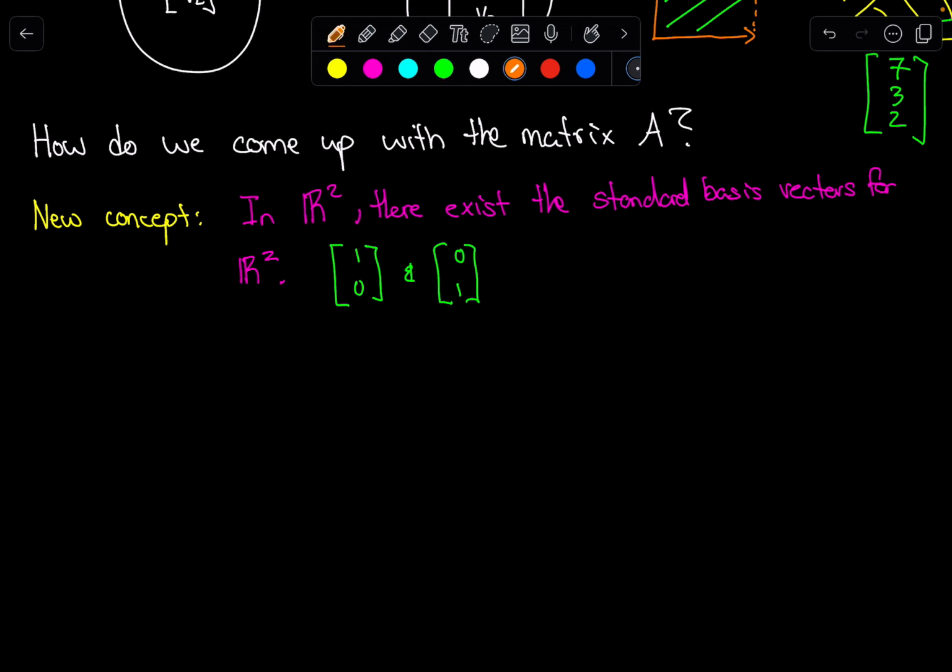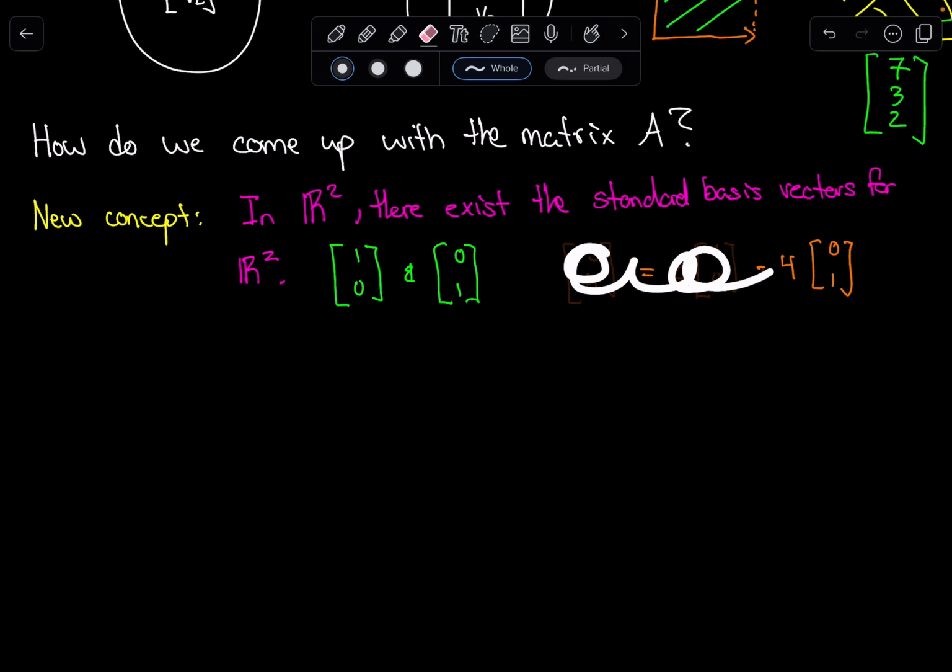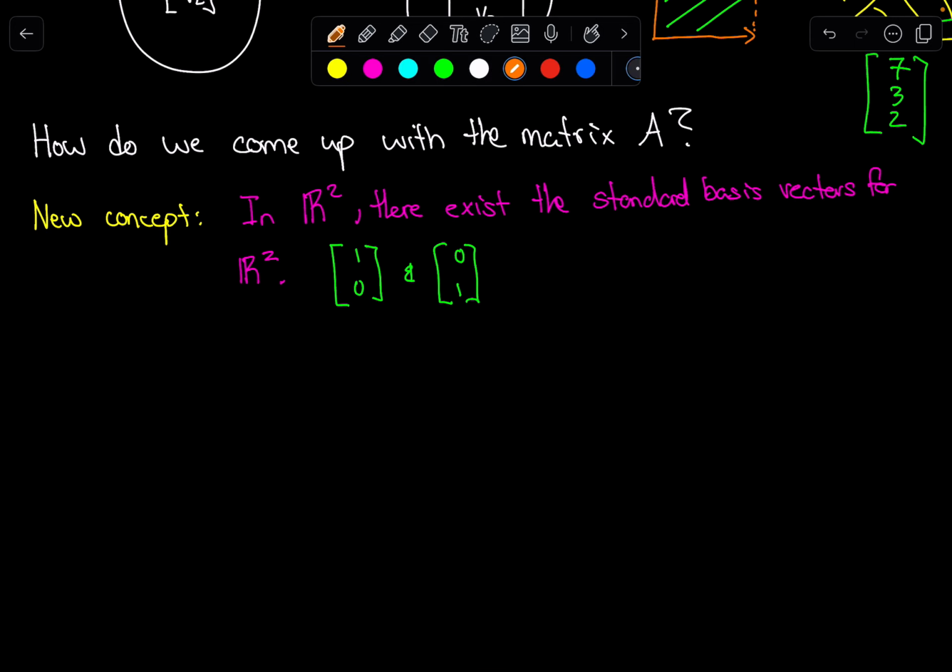So for instance, if I wanted you to build the vector 5, 4, I could do it using those vectors because I would take 5 of the first one and 4 of the second one, and I could very quickly build the vector 5, 4. So these are called the standard basis vectors, and in Calc 3 you know them as i hat and j hat. But in linear algebra, and it's fairly standard beyond linear algebra, we call these just e1 and e2.